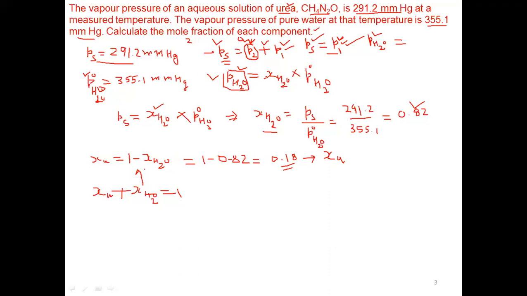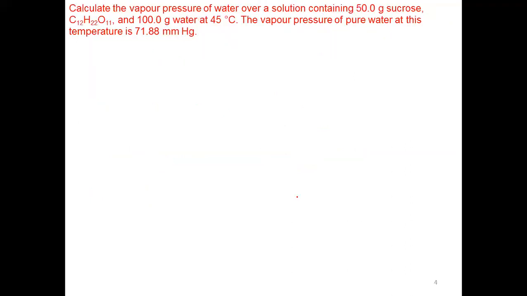And from Raoult's law, the vapor pressure of any component in a solution is equal to its mole fraction multiplied by its vapor pressure in the pure state. So from here we calculated the mole fraction of water, and from it, by applying this formula, we can calculate the mole fraction of the second component, which is urea. So that was our numerical. Let us move to the next numerical.